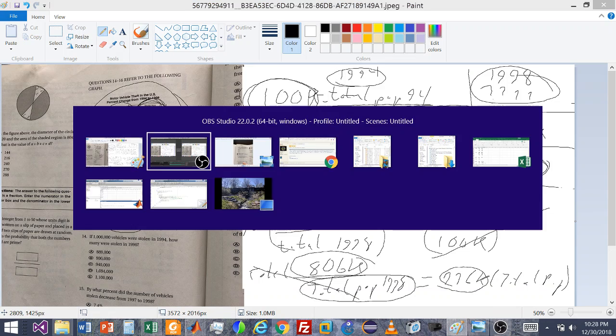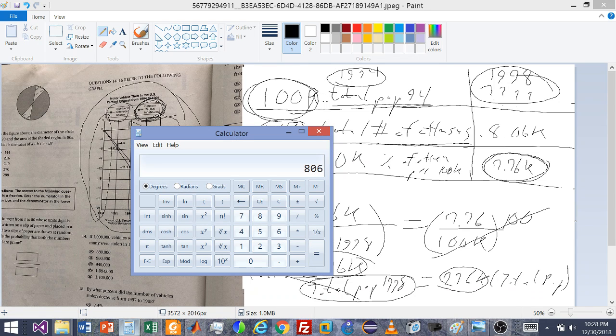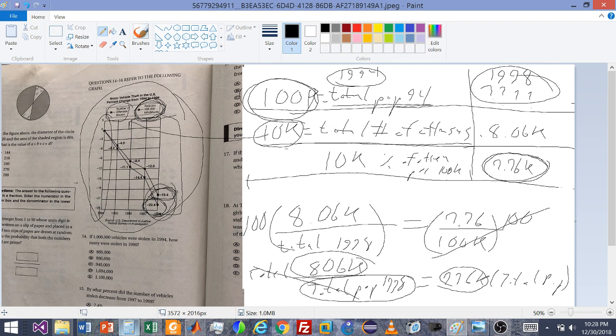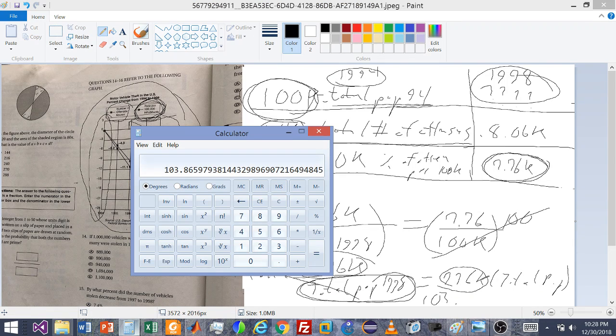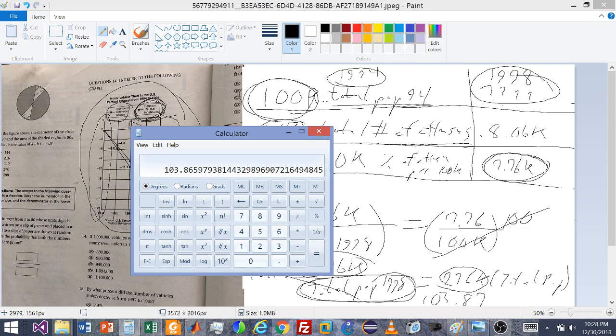So 806 divided by 7.76 equals 103.86 thousand in 1998. That's my total population in 1998. So 103.87, I'll say, because it's rounded up.